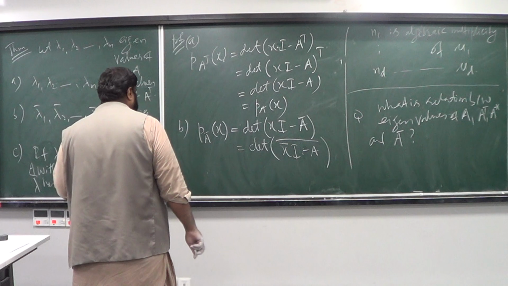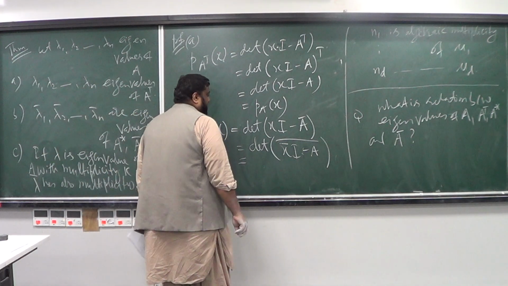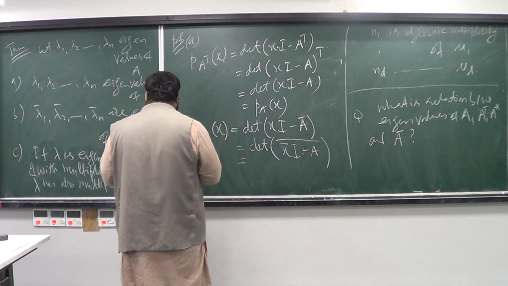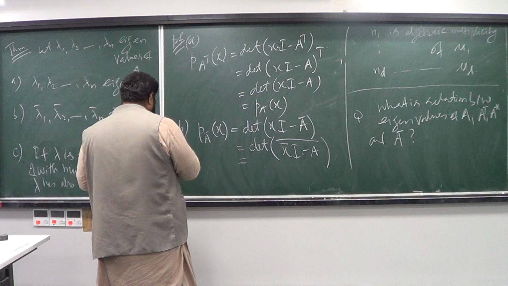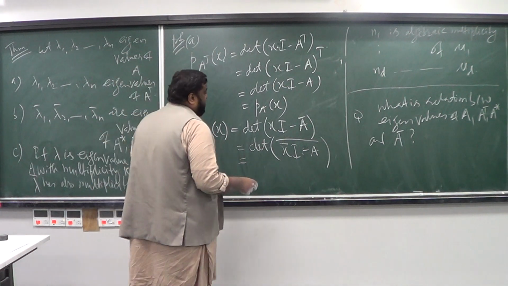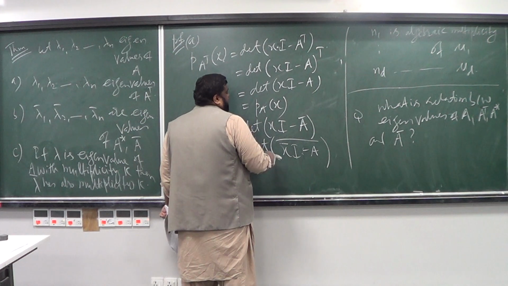Now what is the relationship between the determinant of the conjugate of a matrix and the determinant itself?